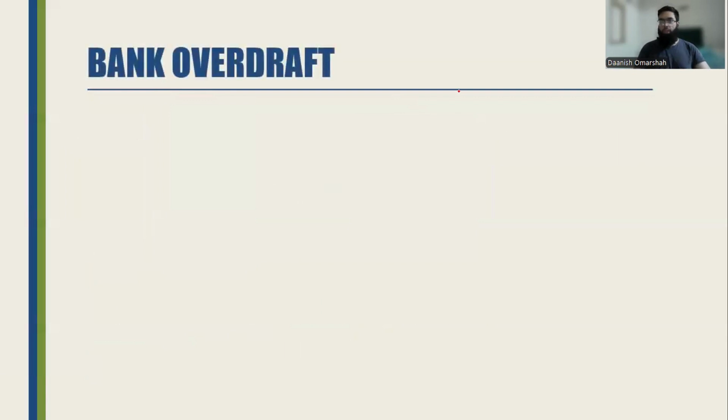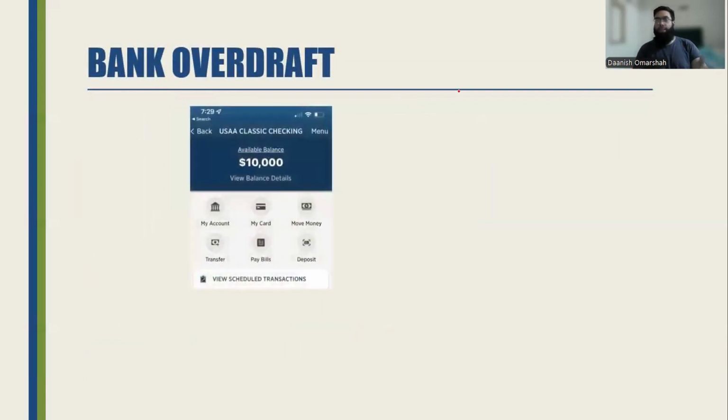Now let's move on to bank overdraft. This is also very important. Now let's assume John has $10,000 in his bank account. Well, sounds pretty good. He can go for holiday. Anyways, the problem is he's paying a crucial expense, a very crucial expense of $11,000. He only has $10,000 in his bank account.